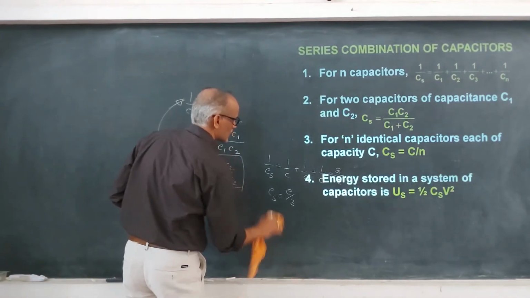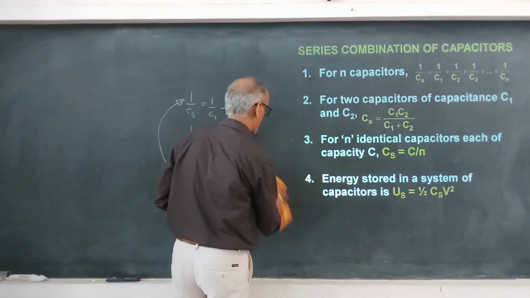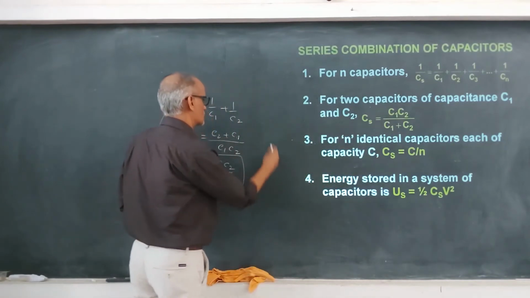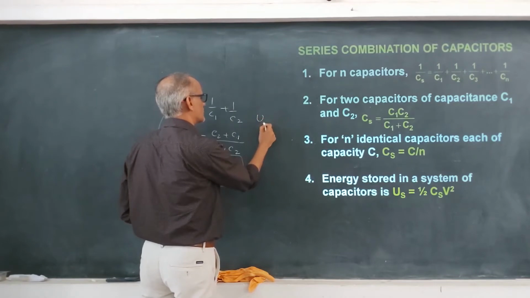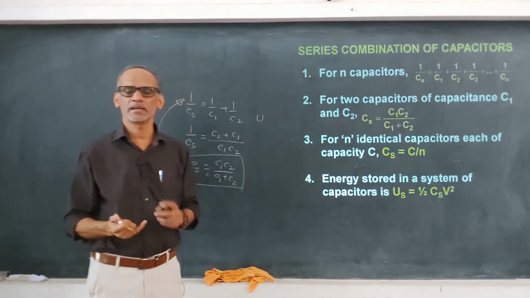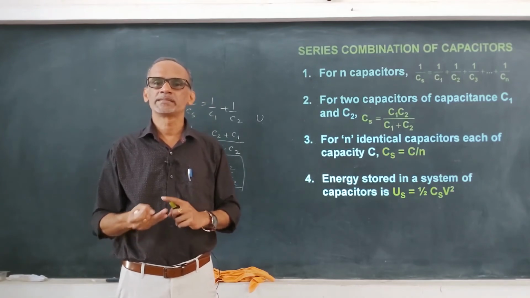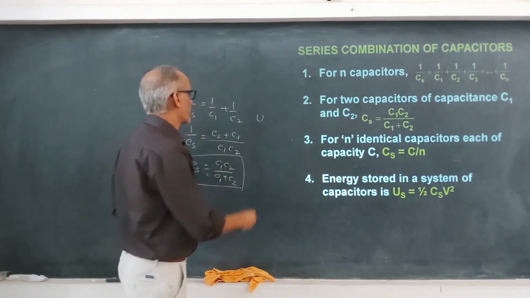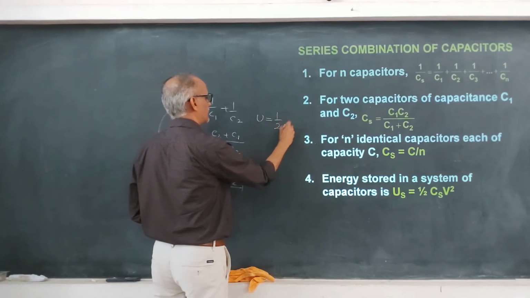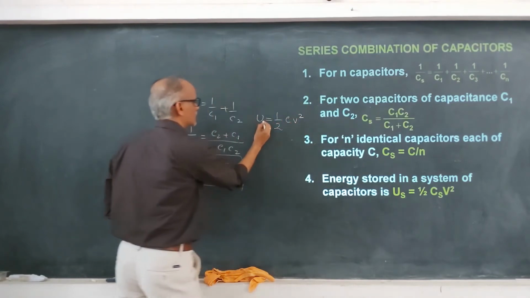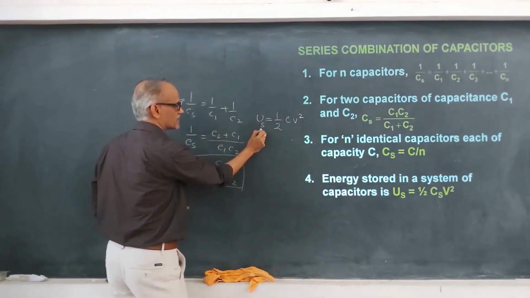Next, energy stored in a system of capacitors. We know that the energy stored is given by half CV square, half QV, half Q square by C. These are the three different formats. I'm going to use one of the formats, half CV square. US stands for series combination.